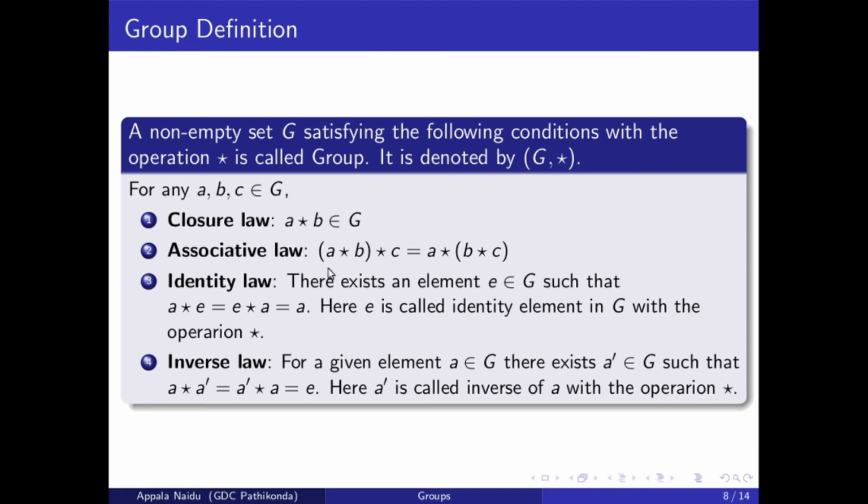So a monoid is called group if it satisfies inverse law. So a semi-group is called group if it satisfies identity law and inverse law. Or simply, if we don't want to use semi-group and monoid concepts, G is called group if it satisfies these 4 laws: closure law, associative law, identity law and inverse law.